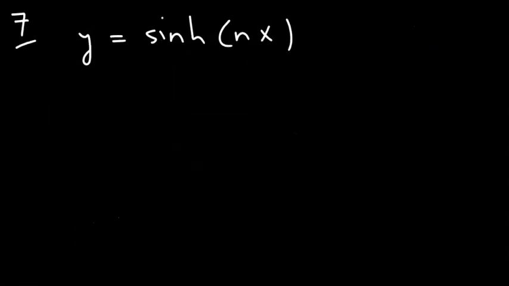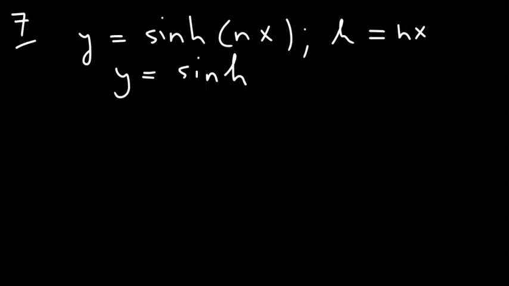What about this one? Now n is a constant, so let's define a function h, for example, as n times x. So your y in terms of h is hyperbolic sine of h.